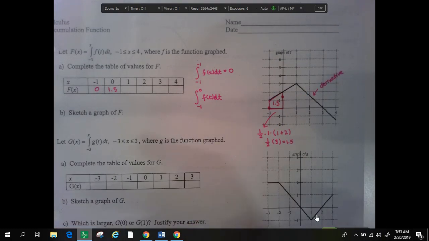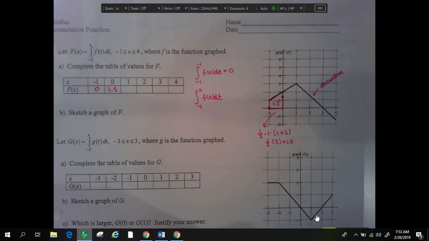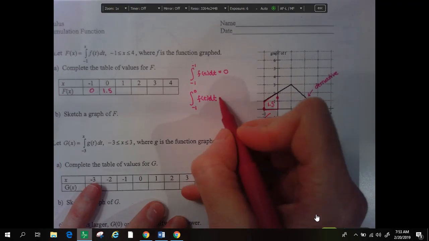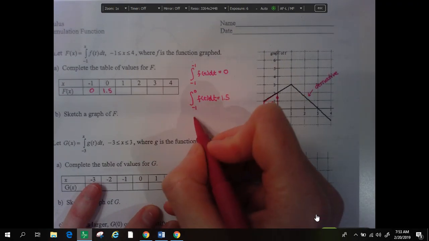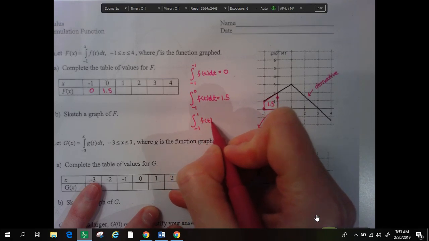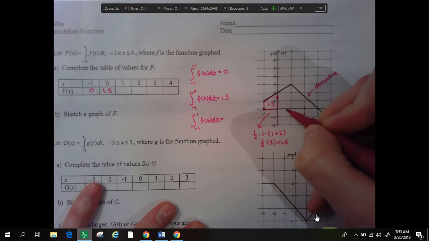You see, we're kind of just plotting the actual original function as we're going through this, using the idea of the area under the curve, again connecting it back to the fact that that region, that integral, is telling you the actual number. So now, let's go back through the process, -1 to 1, of f of t dt. We already know this one's 1.5.